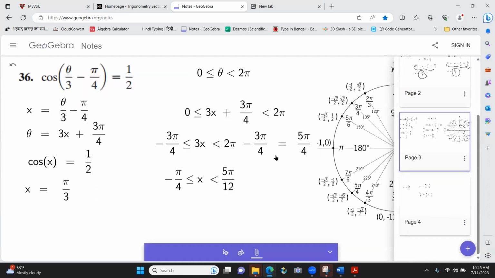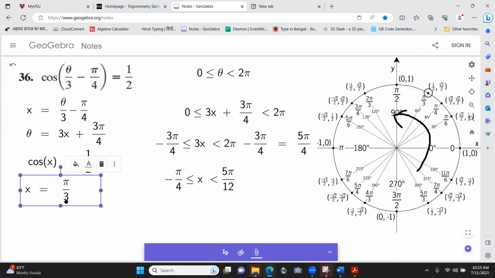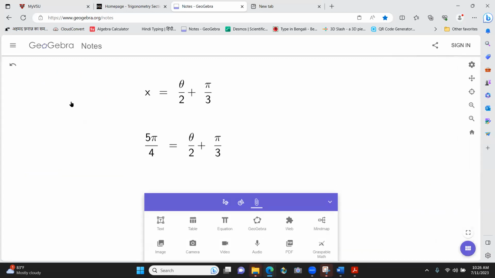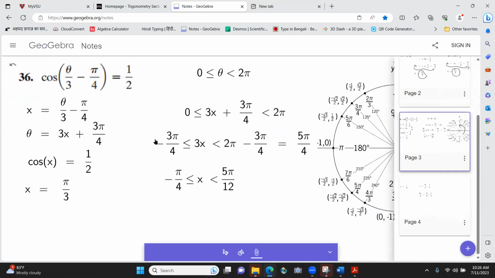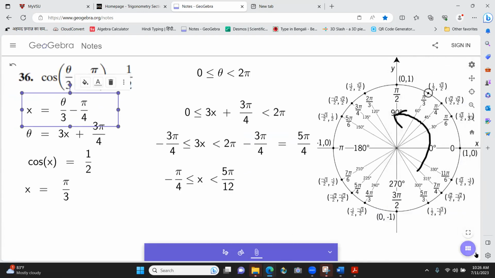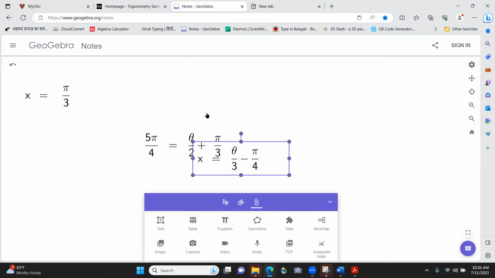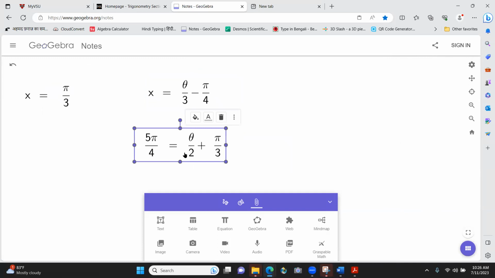All right, so this problem, x is pi over 3. Okay. And then this guy is what I want to come here. All right, now we should be okay, I think.